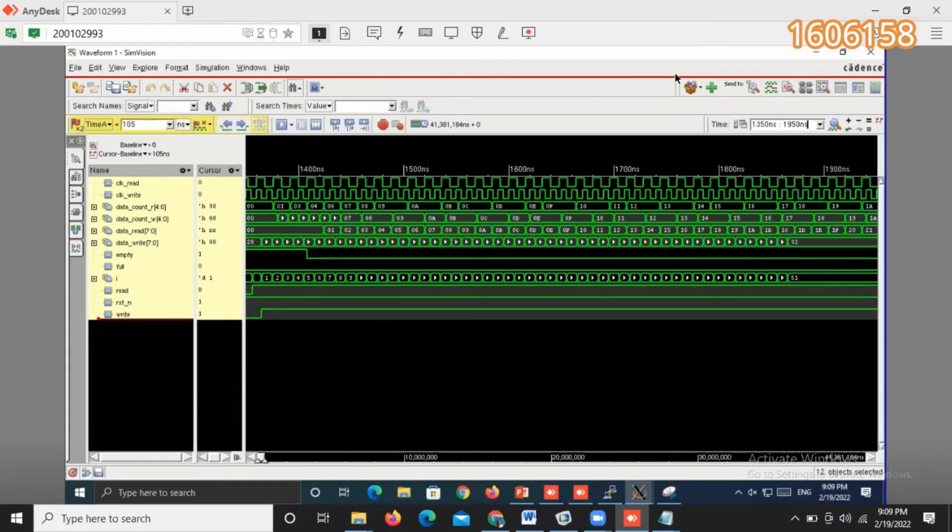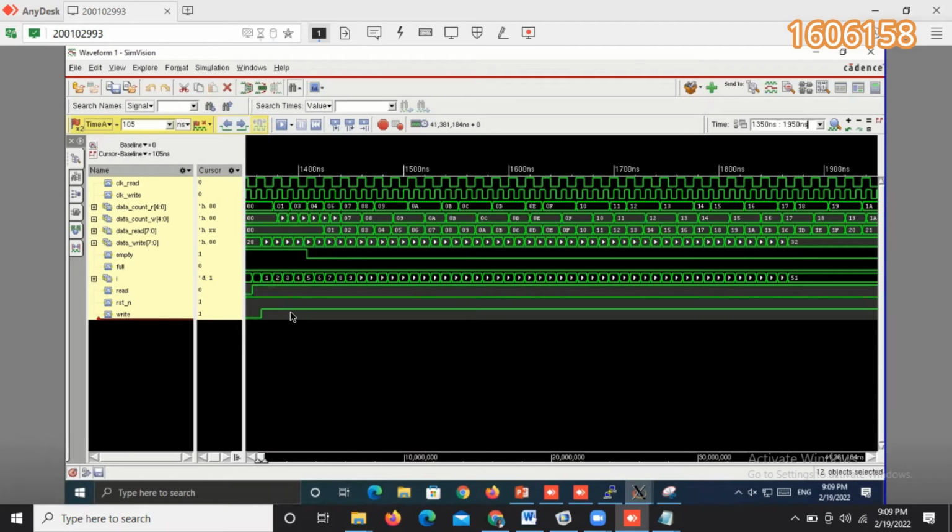This is our third test case where we will read and write data simultaneously. That's why we have enabled both of the read and write signals. We have enabled the read signal first, but still data read hasn't started. This is because we haven't written anything yet in the FIFO.